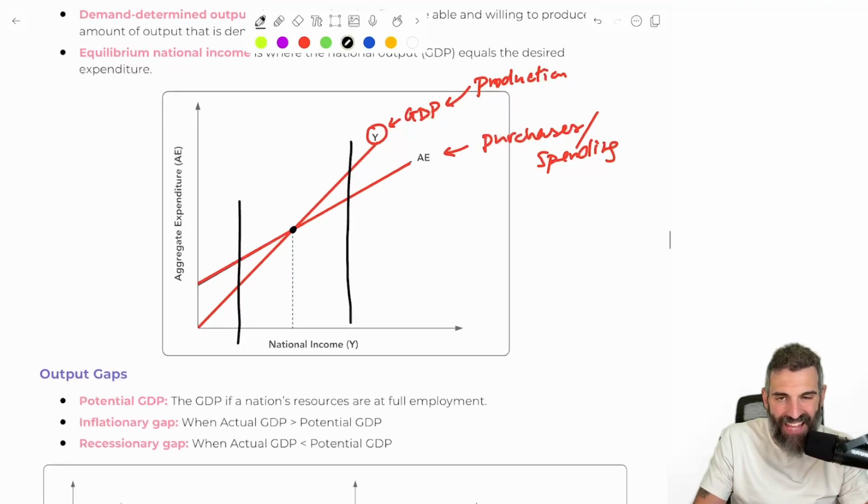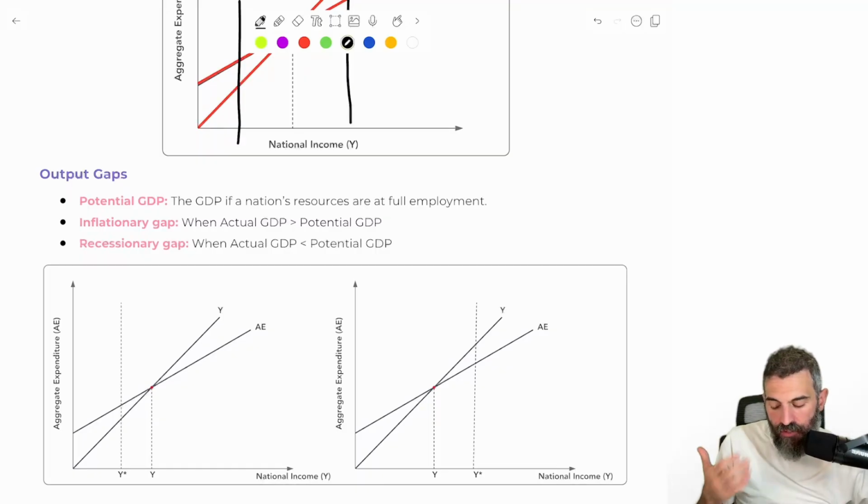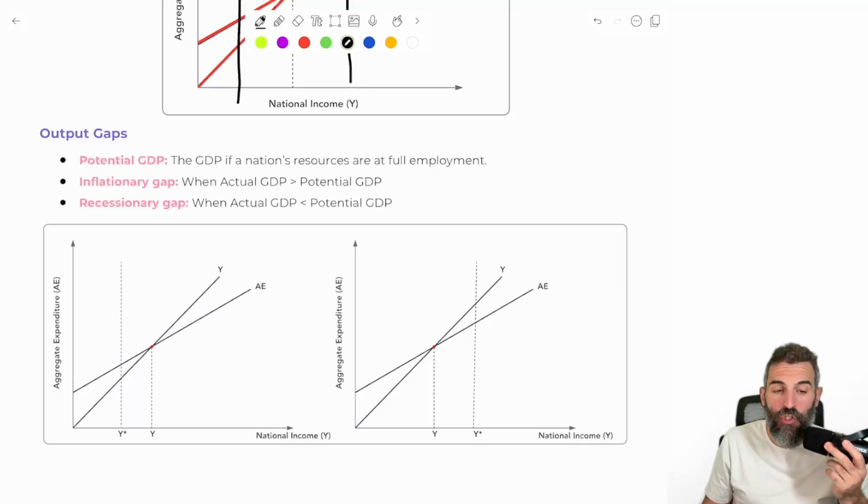Now, before we get into that exact thing, I want to talk to you guys about something called the output gaps, which again will be with us for every chapter, or almost every chapter in this course. But in order to talk about that, you need a reminder of something we spoke about, I think, two chapters back, which is the concept of potential GDP.